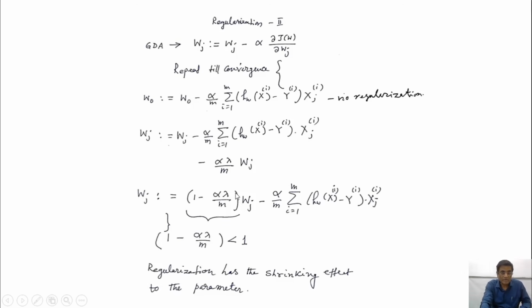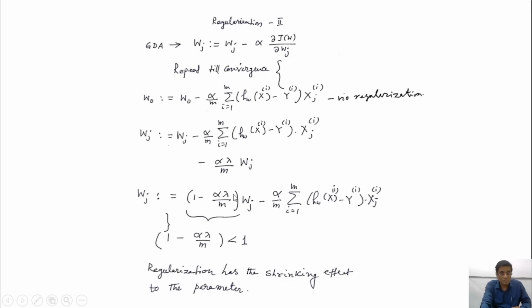So what the regularization term is doing is keeping control over the parameter itself. Alpha was keeping control over the learning rate, how much updation will be done, that is the control of alpha, how much deduction has to be made to the parameter wj.